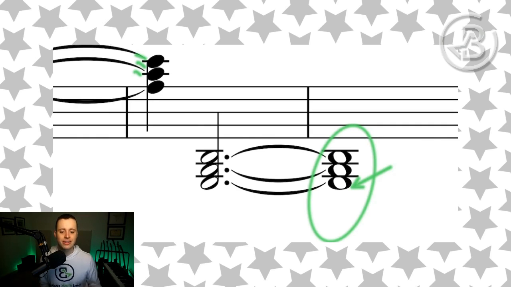So look for the note head that's the furthest away from line 3. If that note head is above line 3, then you're going to treat it like a stem down. And if the note head that is furthest away from line 3 is below the staff, then you're going to treat it like a stem up triad. I will see you in the next lesson.